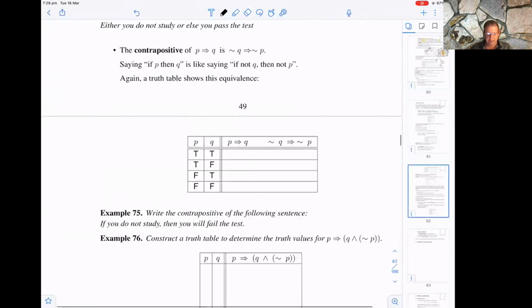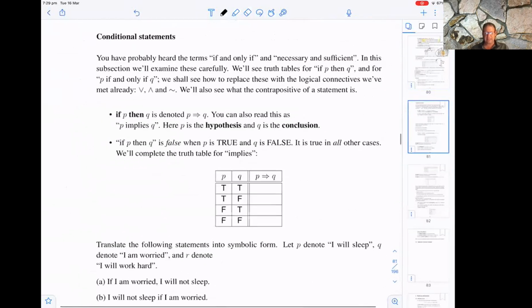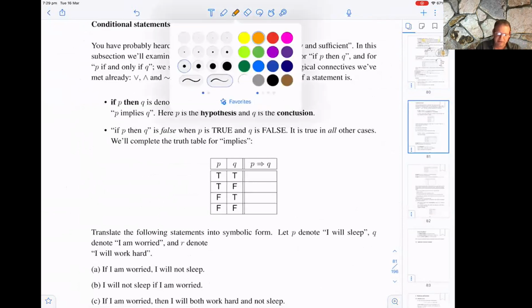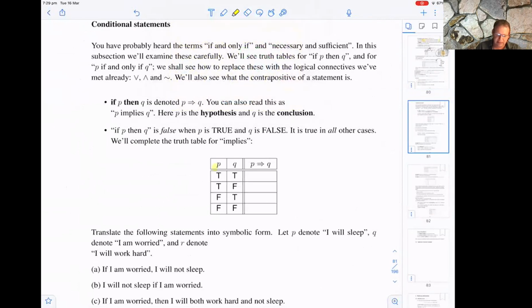But I want to spend just a second on this one thing, which is the slight statement in this world of logic that's maybe not as intuitive as the and the or. Okay, and you should just know about it.